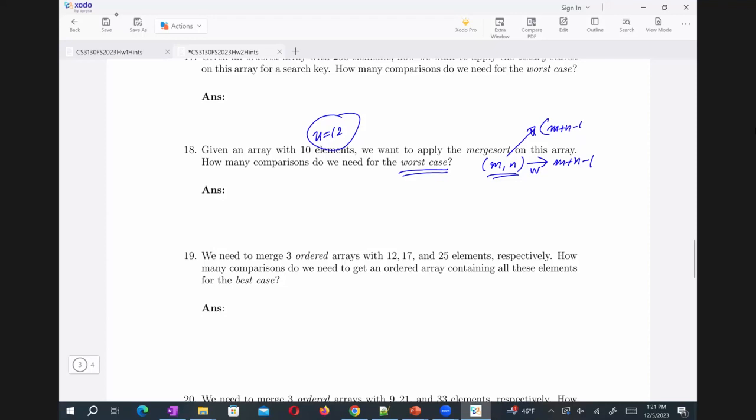We need this many comparisons, and the number of elements after the merge is this one. The first component gives us the number of comparisons.